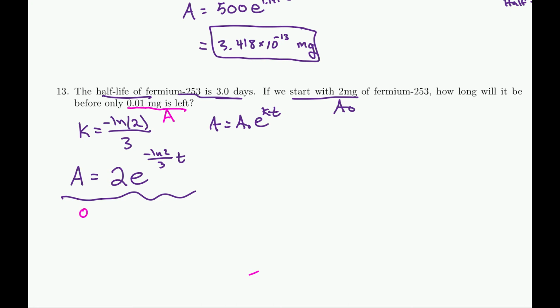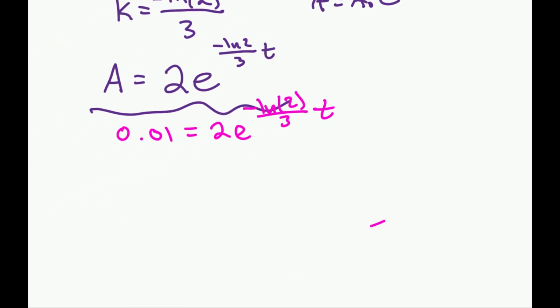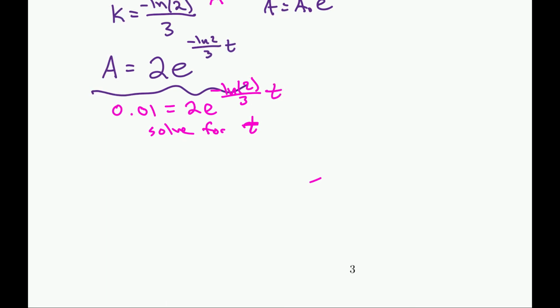We get 0.01 equals 2e to the negative ln 2 over 3t, and we have to solve this for t. If you are solving this for t, the first thing to do is to divide both sides by 2 to get rid of the 2 in front of that exponential.